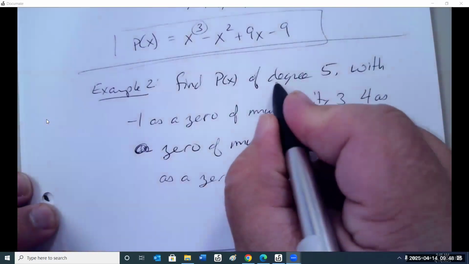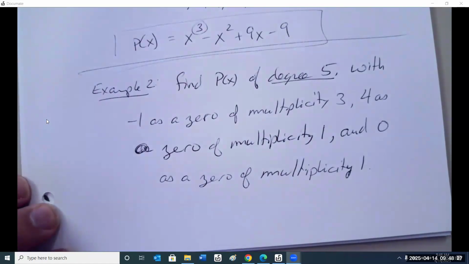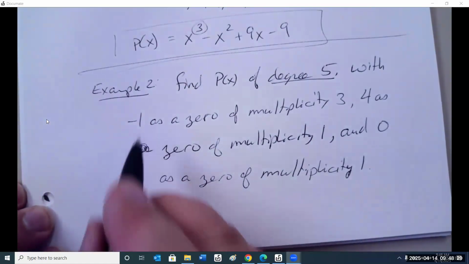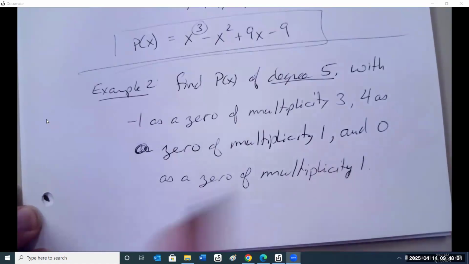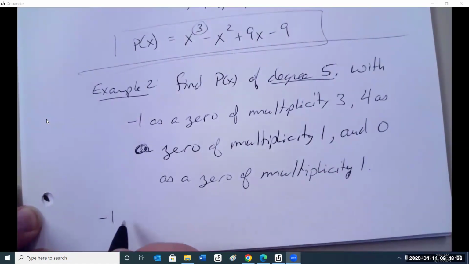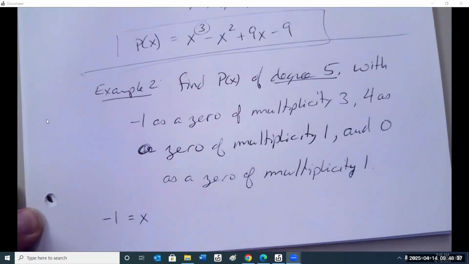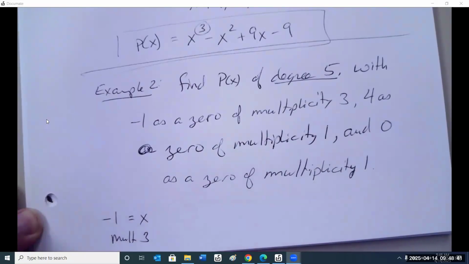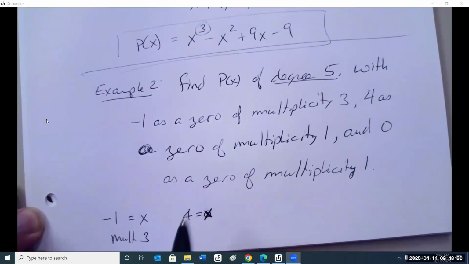So we know the degree has to be 5. So look what we have. We're given that -1 is a 0 of multiplicity 3. The next one, 4 is a 0 of multiplicity 1.